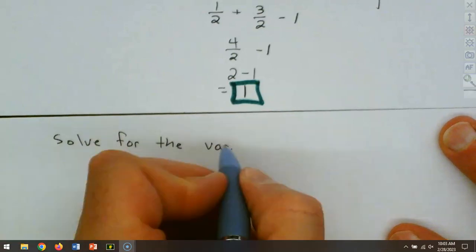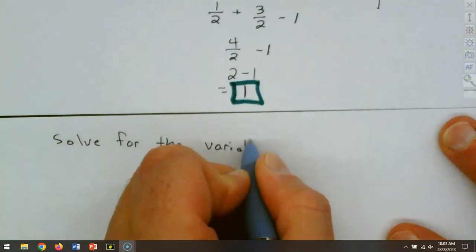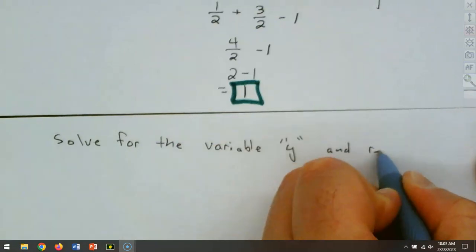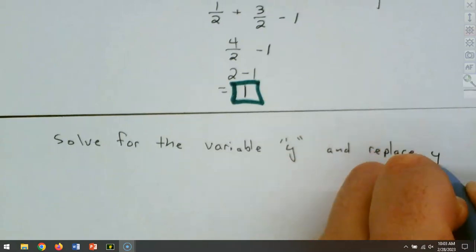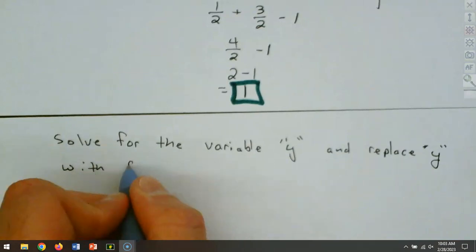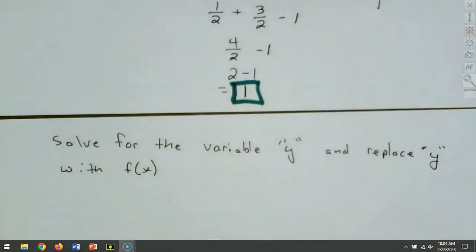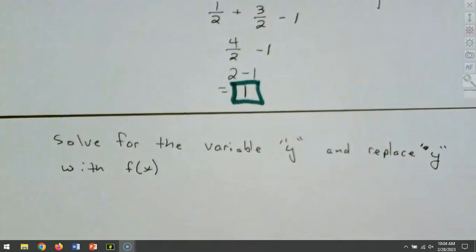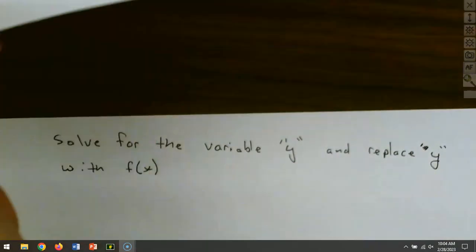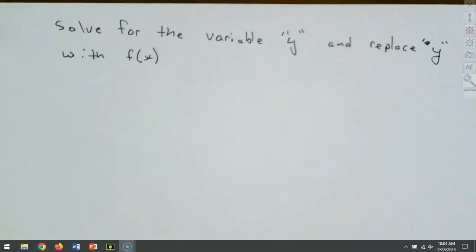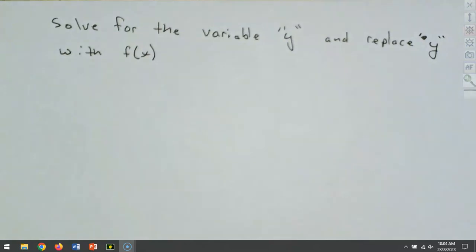So we're going to solve for the variable y, and we're going to replace y with f of x. So what we're going to be doing is we're going to solve this equation for y, and then we're going to take that y and we're going to replace it with your function notation f of x.